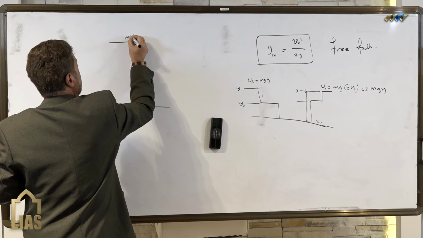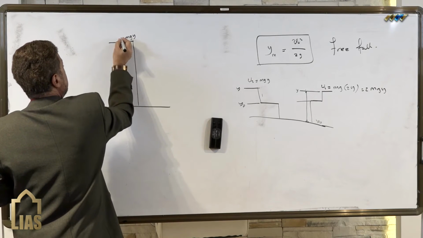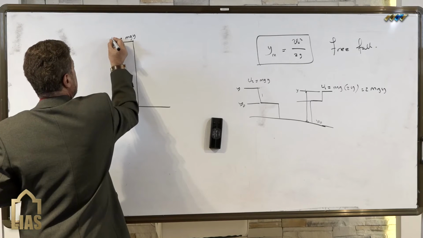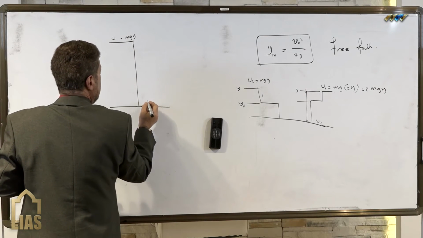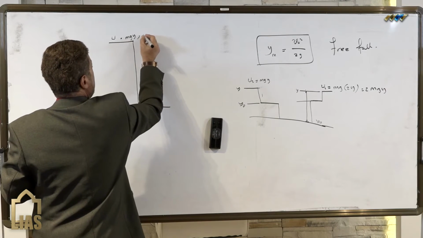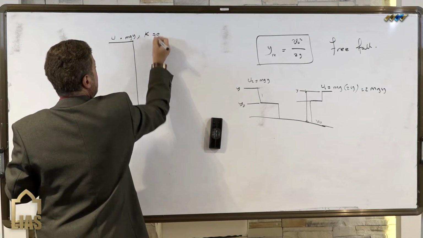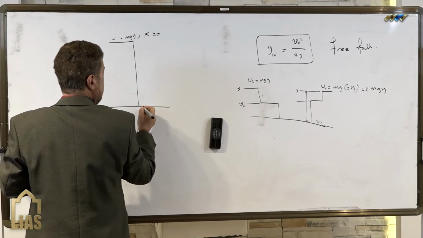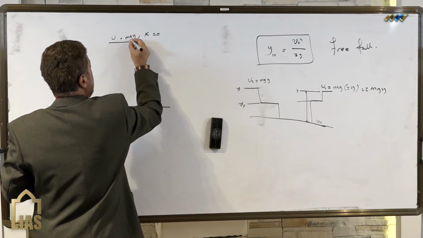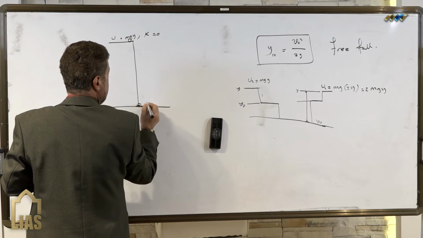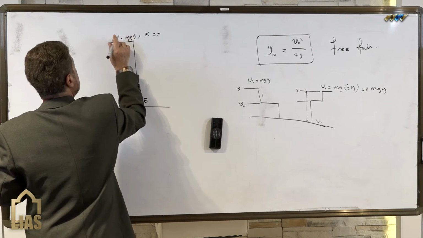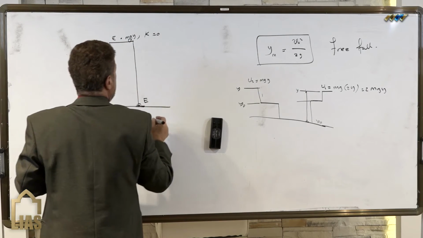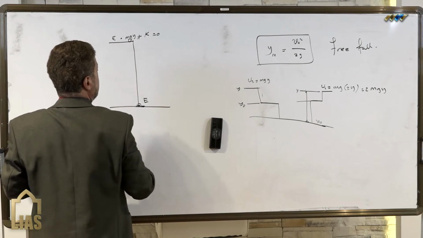This is mgy, which is potential energy, and here it is all potential while kinetic energy is 0. The energy is all potential energy plus kinetic energy.